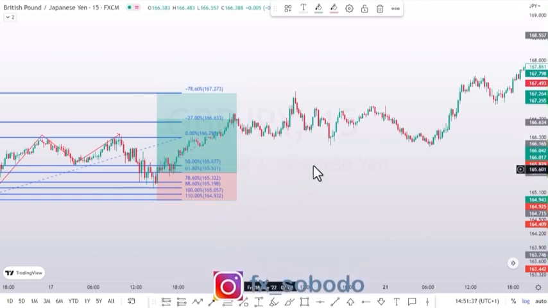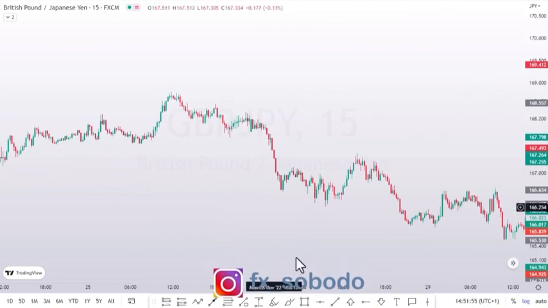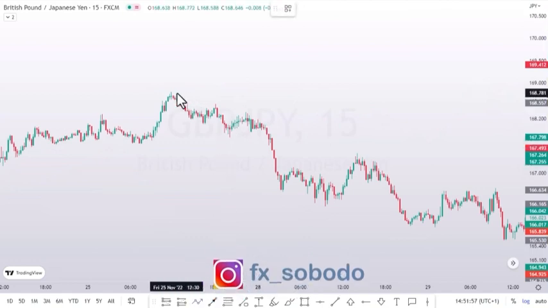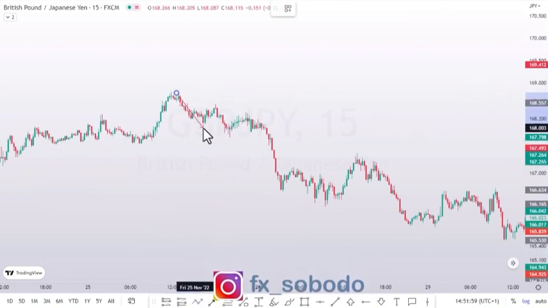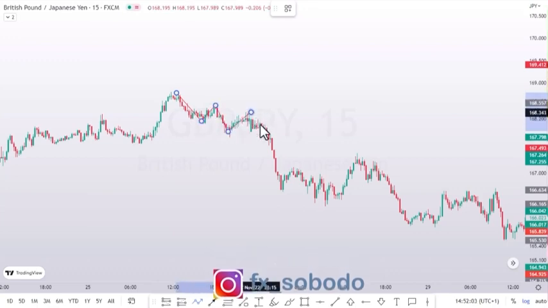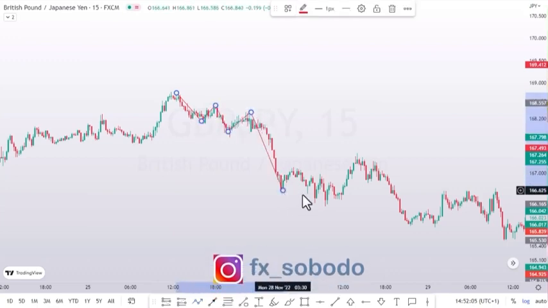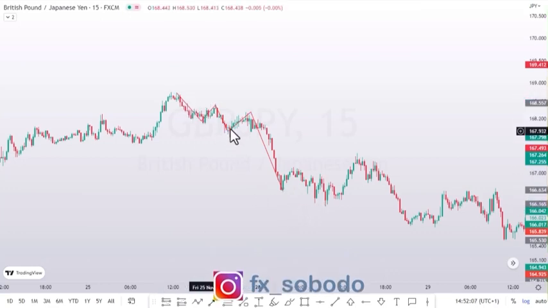Okay, you see here as well, the structure of the market: low, high, low, high, low. So we notice here we have some sort of sell structure.